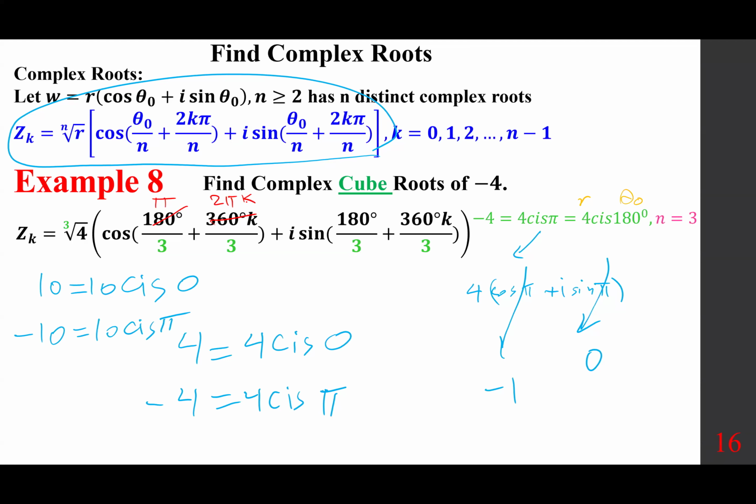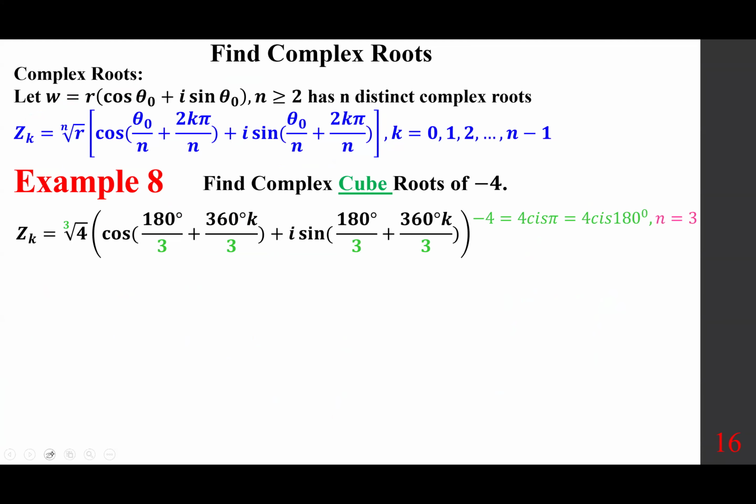So let's see what happens. I'm going to erase my work and continue with this. So cube root of 4, cosine of 180 over 3 plus 360k over 3. Same thing here, but i sine. So 180 over 3 becomes 60, and this becomes 120k.